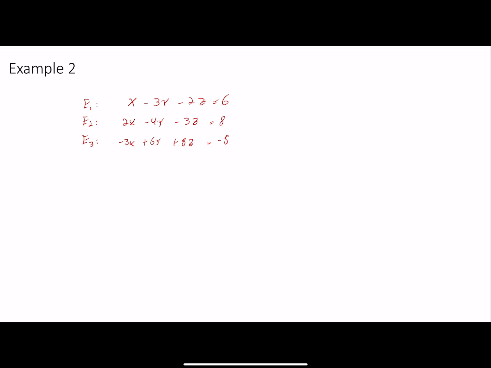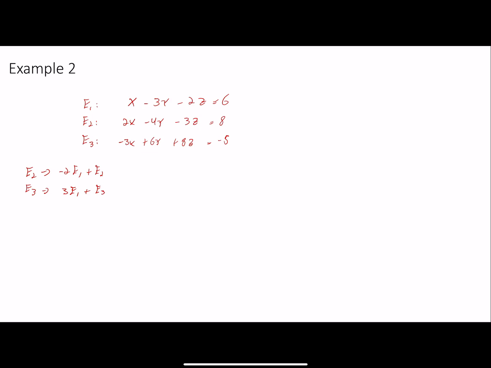But one way we can do this is we can take equation 2 and replace it by minus 2 equation 1 plus equation 2. Right? And for equation 3 we can replace it by 3 times equation 1 plus equation 3.